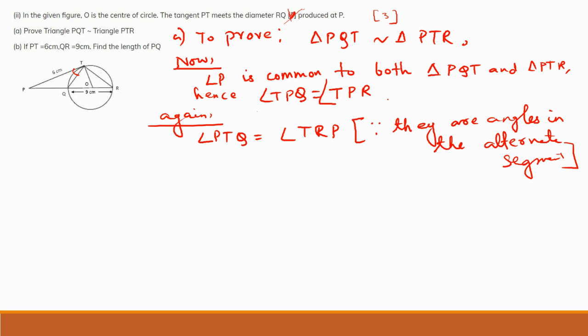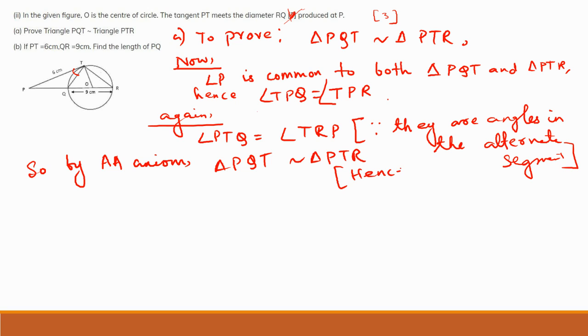Hope you guys get it. So by angle axiom, these two angles are equal. Two angles are equal, right? So by angle axioms, triangle PQT is similar to triangle PTR. So hence proved. Okay. So first A you proved it, and now B.